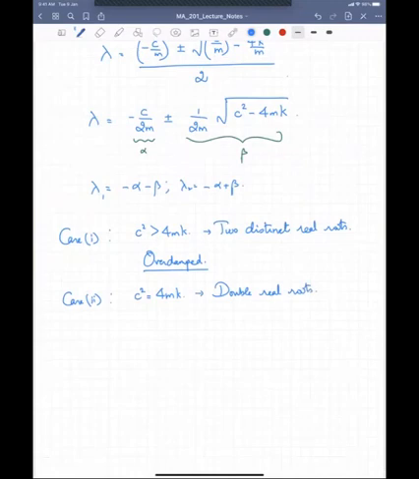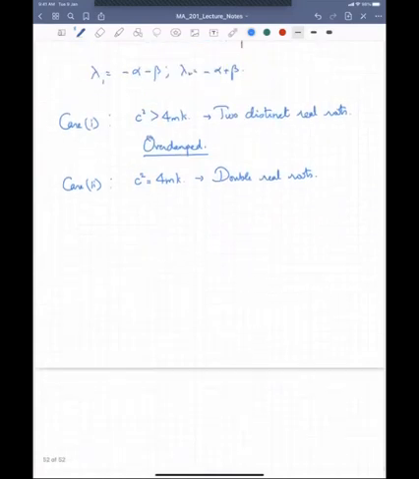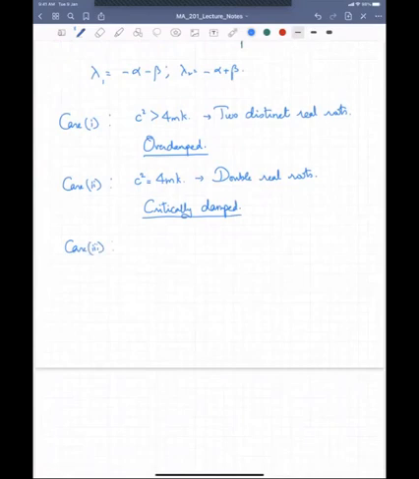And since c squared is not too small, this case is usually called critically damped. And the last case, as you might guess, is when c squared is not too large. It is there, but it takes a while to turn on, probably. So the value of c squared is less than 4mk.